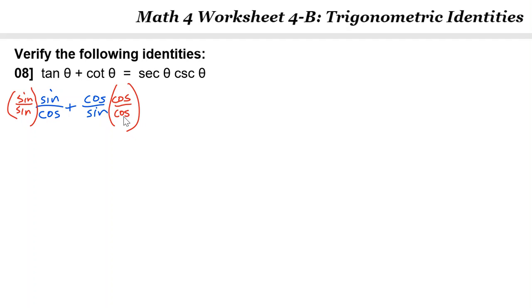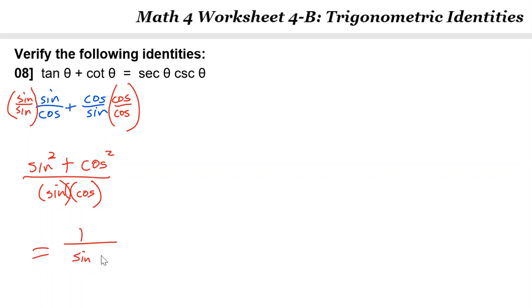which means that I'm going to wind up with sine squared plus cosine squared over sine times cosine. Or I could say 1 over sine cosine.